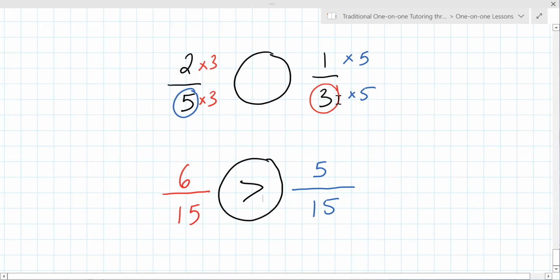Because there's a 3 on the right here. So you use this number on the lower right and you multiply the two numbers. Okay. Similarly, why did I multiply these numbers by 5 on the right? It's because there's a 5 over here on the left. Okay. Do you understand that? Not so much. Okay, let's keep doing another example.